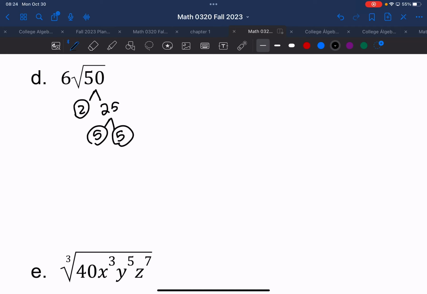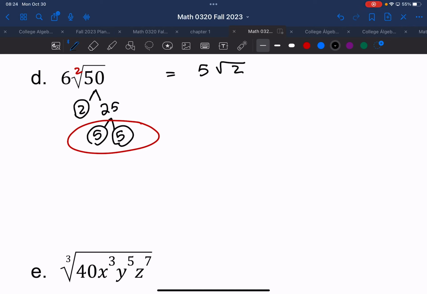Okay. So since this is the square root of 50, we are circling pairs of 2. So what is our pair? 5. The 5s are our pair because they're both the same. So that means I'm taking out a 5. And what's left on the inside? 2, because that's the only prime number left that did not have a pair.